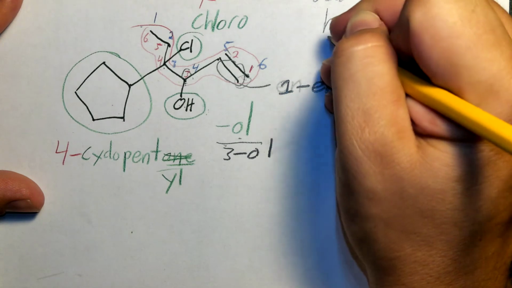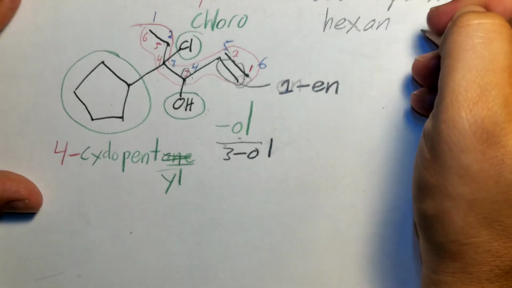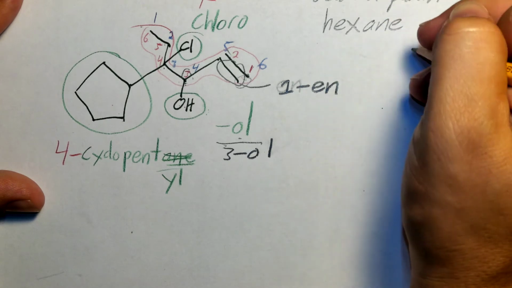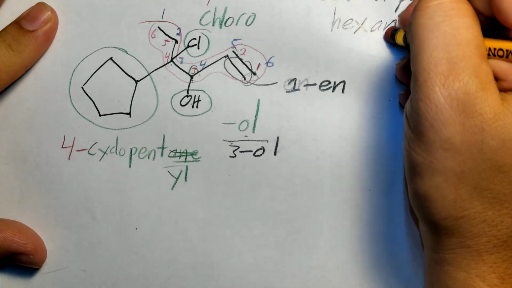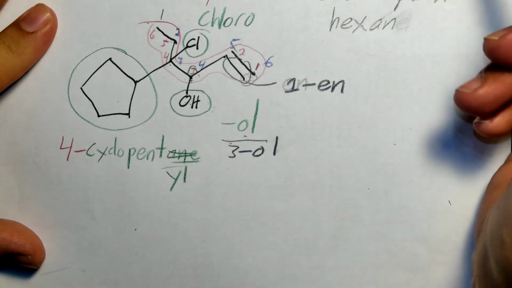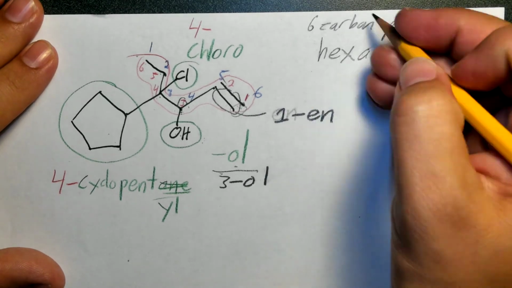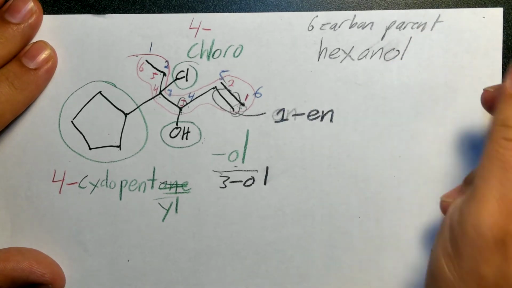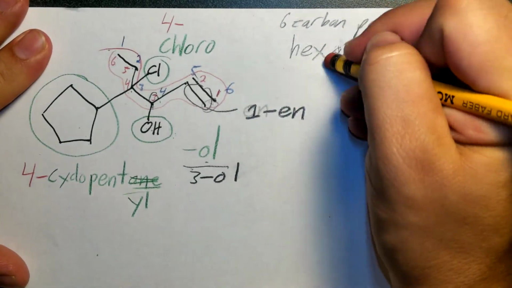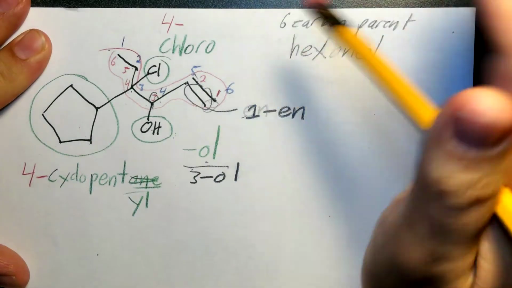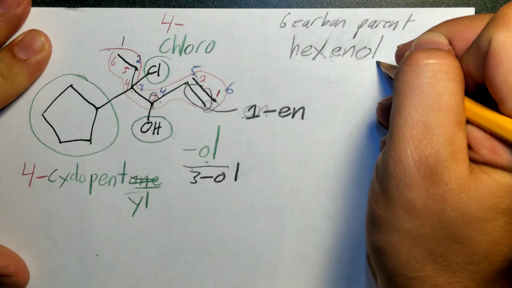Since it's a 6 carbon parent, we name it hex. If it was no unsaturation, it would have been ane and no functional group. But it does have a functional group. So we can't have the e. It's going to have an OL here. And it's not AN because there is an unsaturation. It's going to be EN. Hexenol.